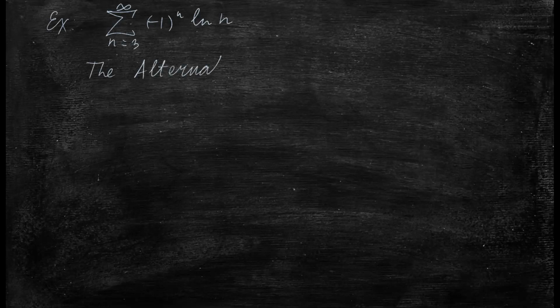Let's try another example, and let's consider the following alternating series. And we're going to run the alternating series test. Why? Because we recognize this as an alternating series because of the alternating factor.